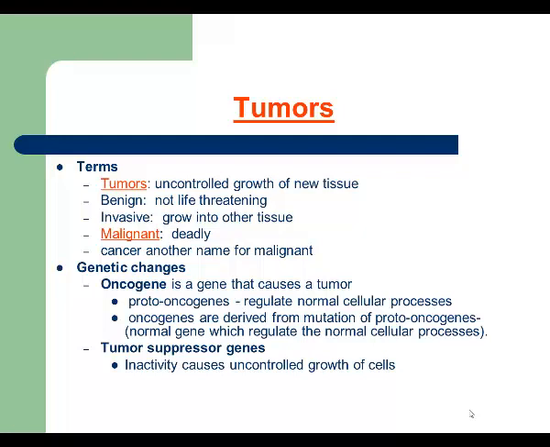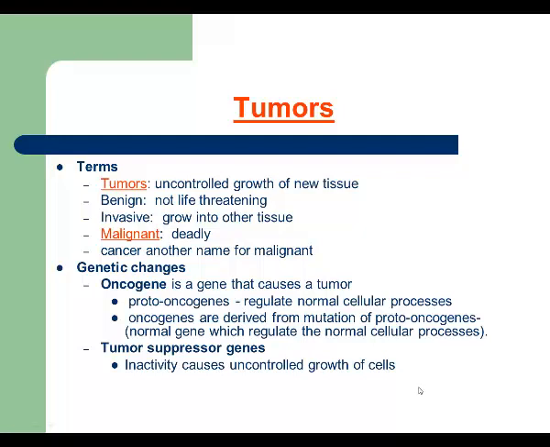Oncogenes are derived through mutations from normal genes called proto-oncogenes. Usually, proto-oncogenes regulate normal cellular division. But when they become oncogenes, normal regulation is destroyed and uncontrolled cancerous growth may result.